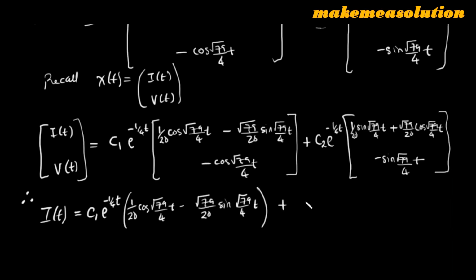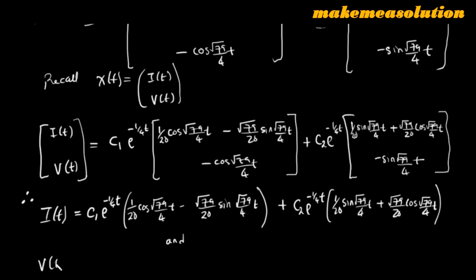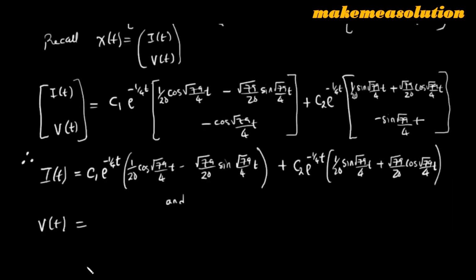Then plus c2 exponential minus 1 over 4t into 1 over 20 sine root 79 over 4t, then plus root 79 over 20 cos root 79 over 4t. So this is i of t, and v of t is going to be what?